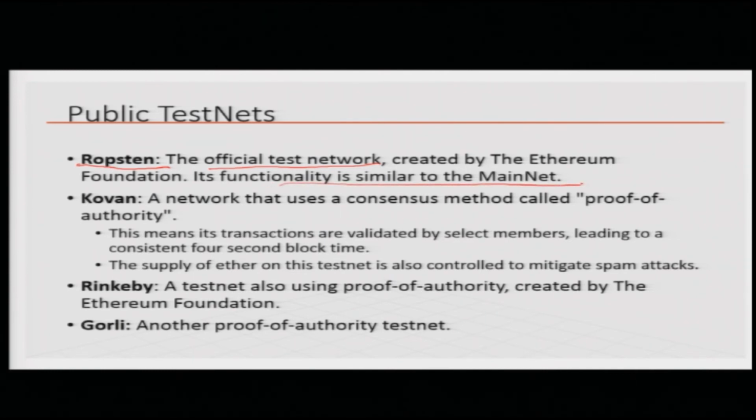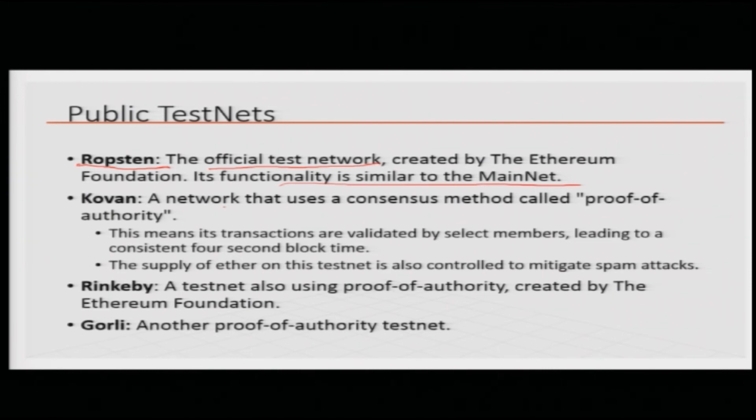It's a proof of work type of blockchain, so everything that you are going to do on the mainnet can be well tested on Ropsten, and in Ropsten you can get Ethers for free. Those Ethers have no value, so you can do whatever you want.